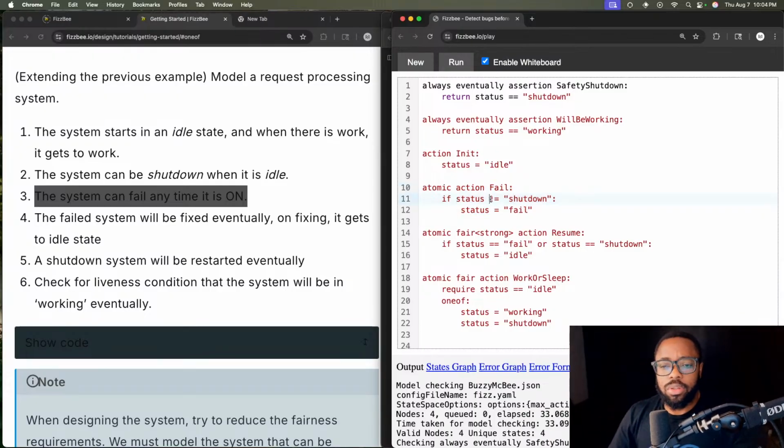Oh, wait a minute. What if... wait, so what the only way that... okay. Interesting. I guess a system can repeatedly fail. So let's say a system is working, it goes to fail, but then it can just stay at fail.